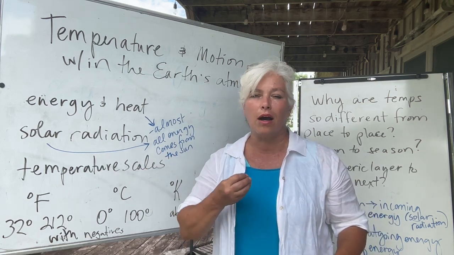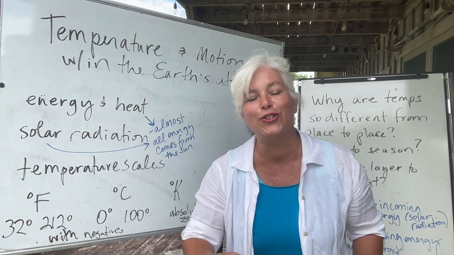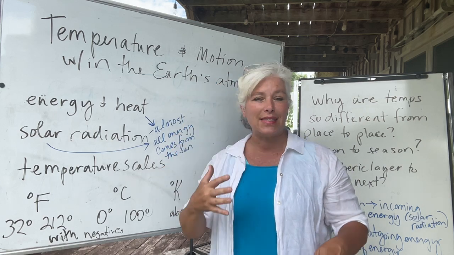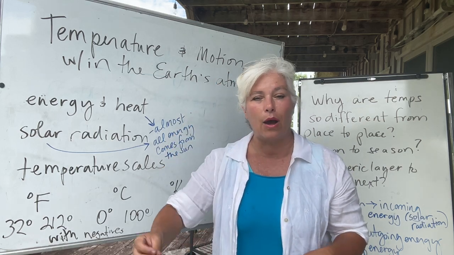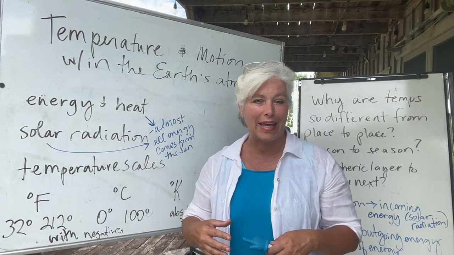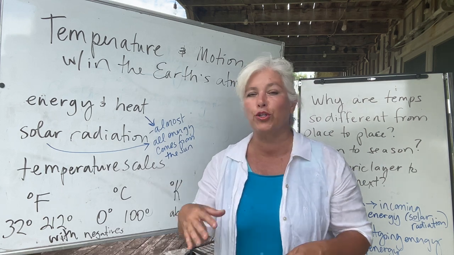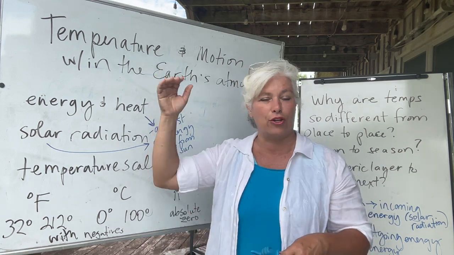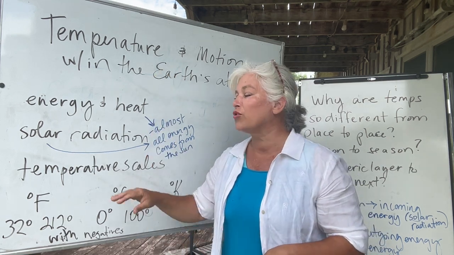But for the most part, the energy that we are going to investigate, how it affects our climate, weather patterns, wind, and the temperature at the surface and at various layers of the atmosphere, comes from the sun.